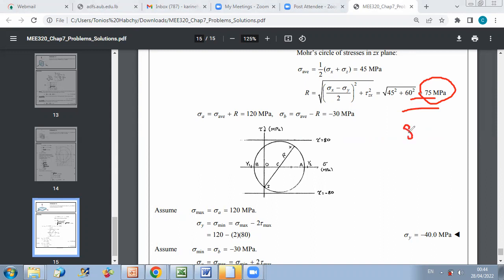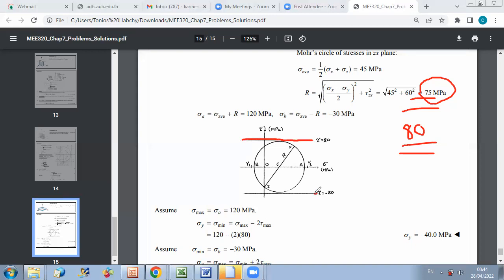Because the maximum shear stress is 80, this means you have the case of out-of-plane maximum shear. And the shear stress of 80 would correspond to a circle of radius 80.